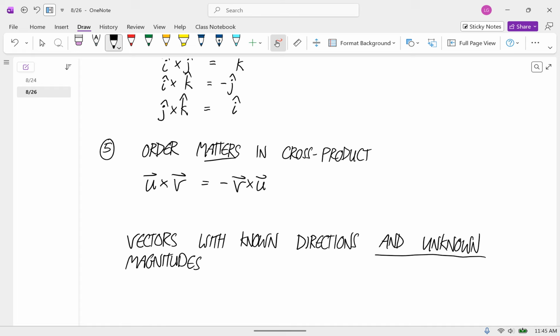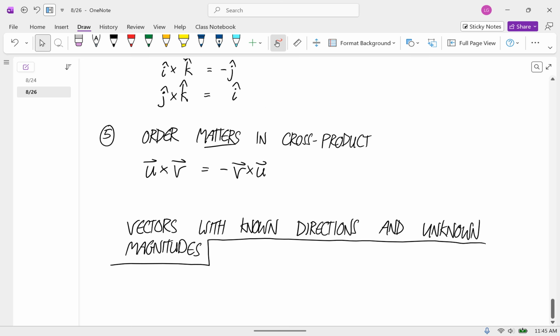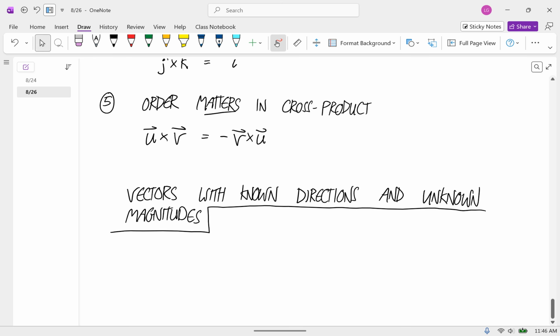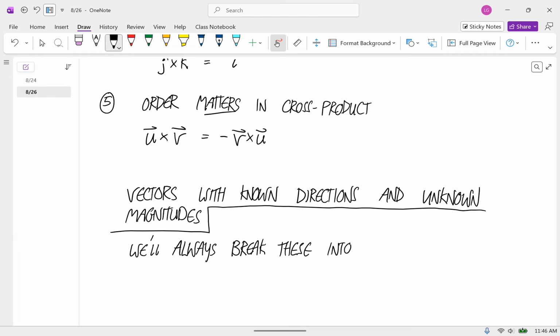We're always going to break these vectors up into a magnitude times a unit vector.